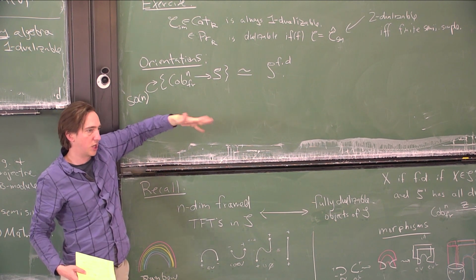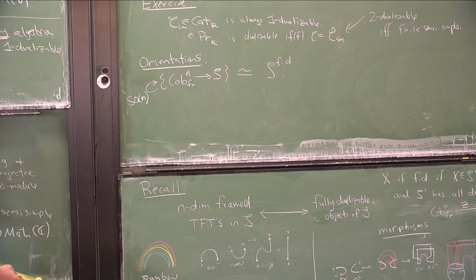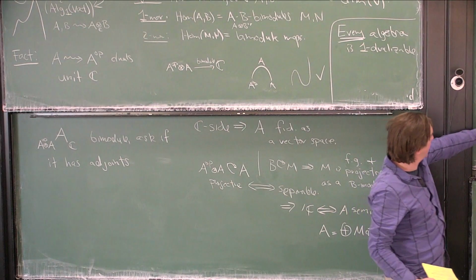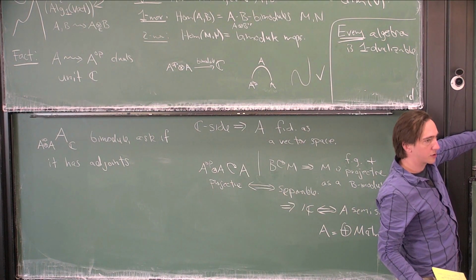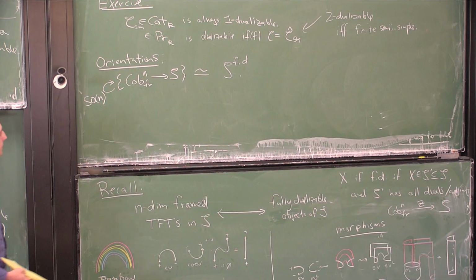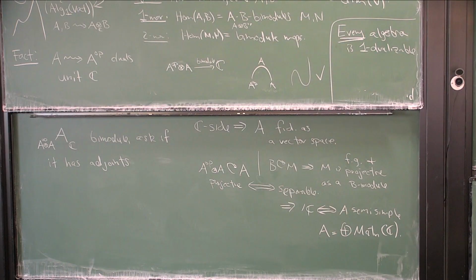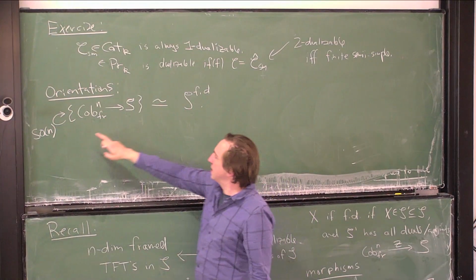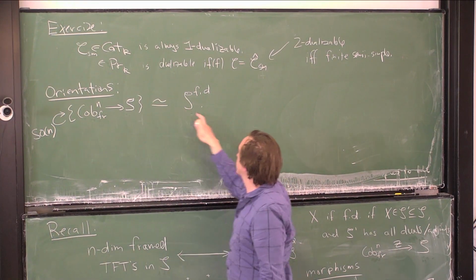You can globally just change the framing, so you get an action not of SO(n) bundles or something exotic, just SO(n). It acts there. And this is a homotopy equivalence, so that means that SO(n) also acts here.